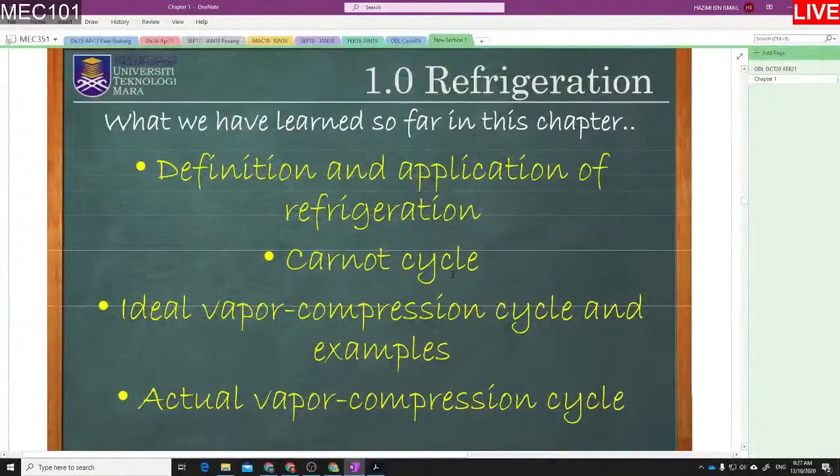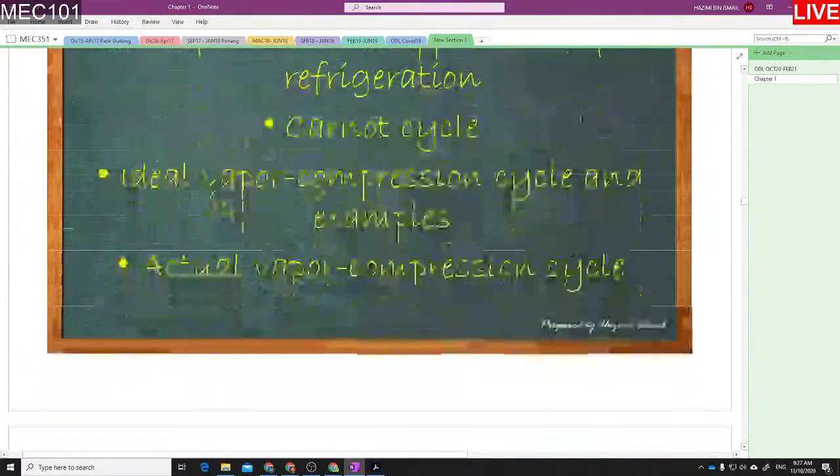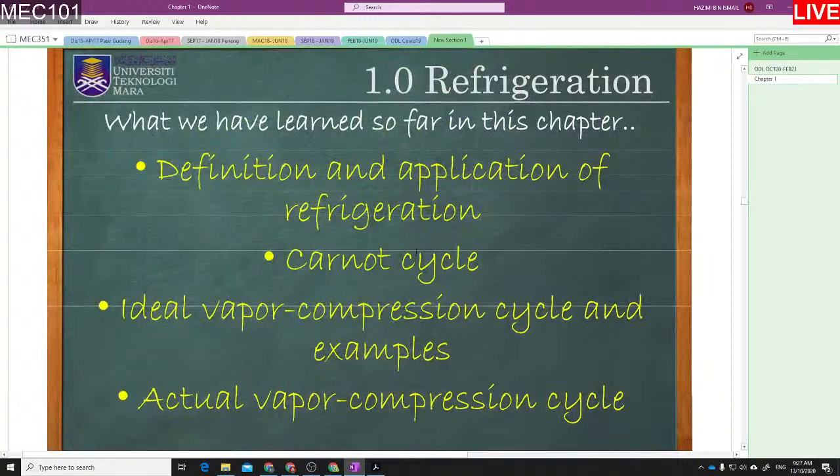So this is our final slide, the last slide of part 1 of chapter 1. So till now we have known how to define the refrigeration, and we know what is Carnot cycle, and what is reverse Carnot cycle.